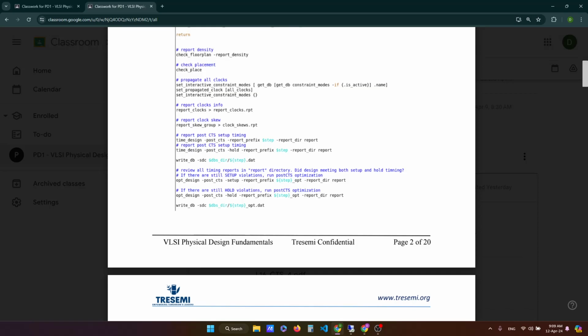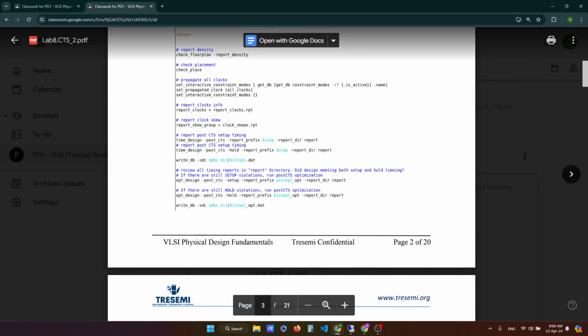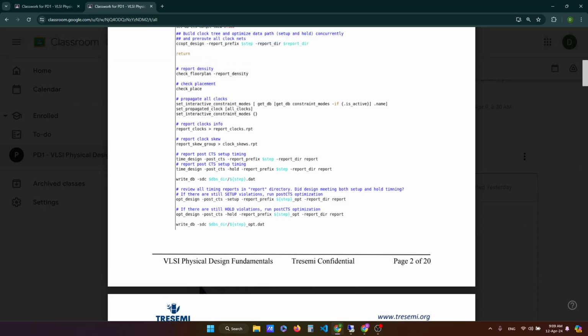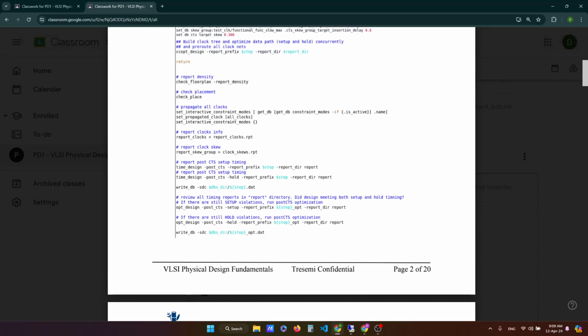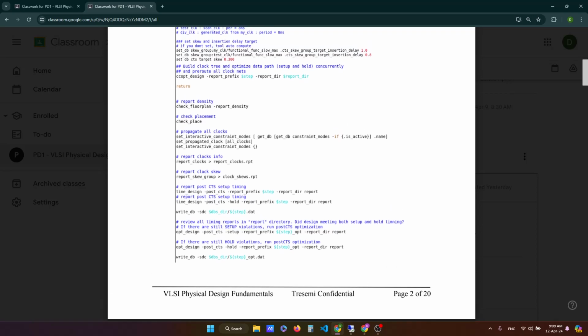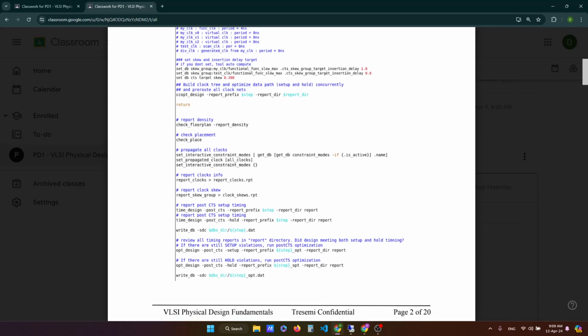So you pick the worst corner to analyze during your implementation. Implementation meaning you make a change, you do a quick timing analysis, and then you say, I'm okay. So you use the extreme corner for your optimization.